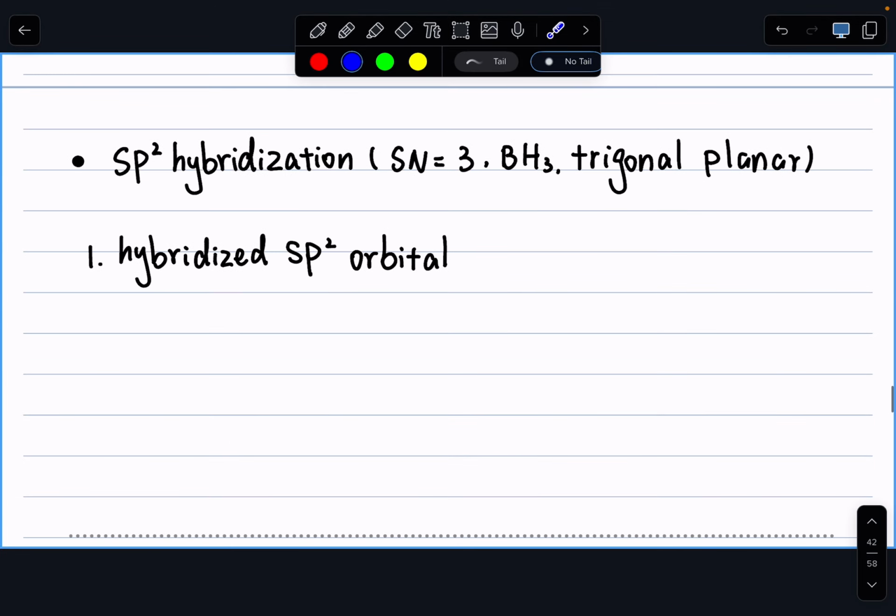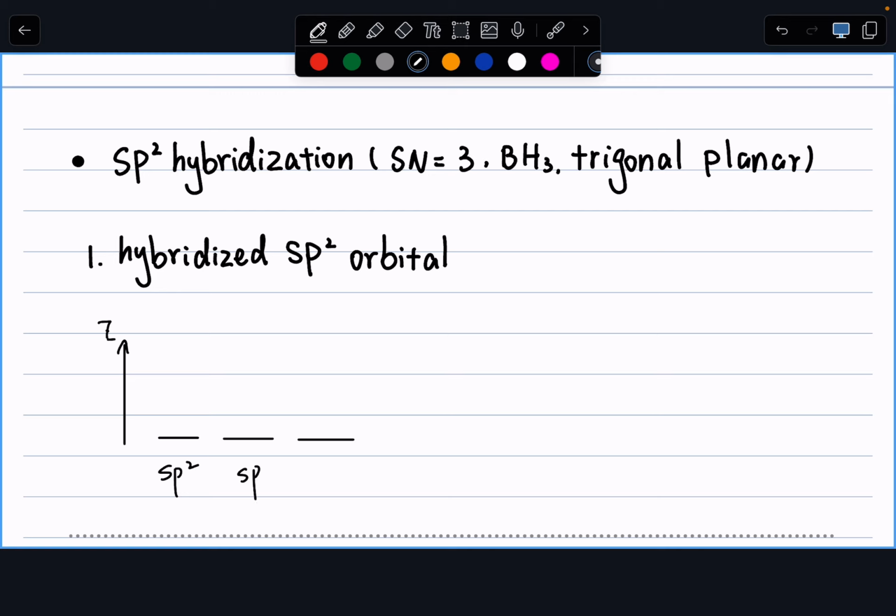But if we look at the BH3 or the borohydride, then my steric number is 3. So we're looking at an sp2 hybridization. Right, so the hybridized energy diagram would look like sp2, sp2, sp2, and with a 2p left intact.